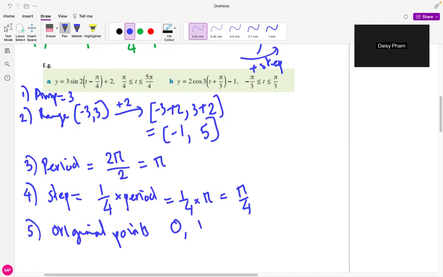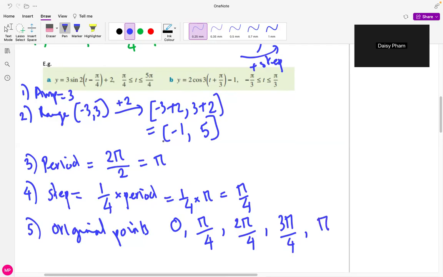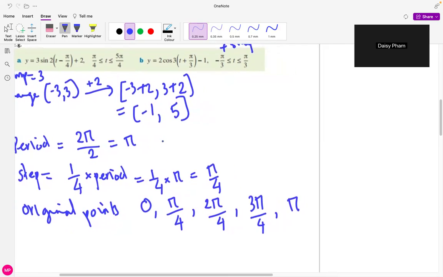So 0 plus pi over 4 is pi over 4. Pi over 4 plus another pi over 4 is 2 pi over 4. And then continue, 3 pi over 4, 4 pi over 4, which is 1 pi. All right. Now, we haven't considered the translation yet, this one. So let's ignore that for now. Okay. We just do what we have so far.